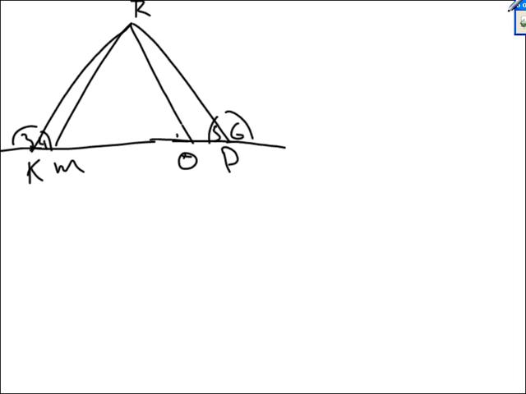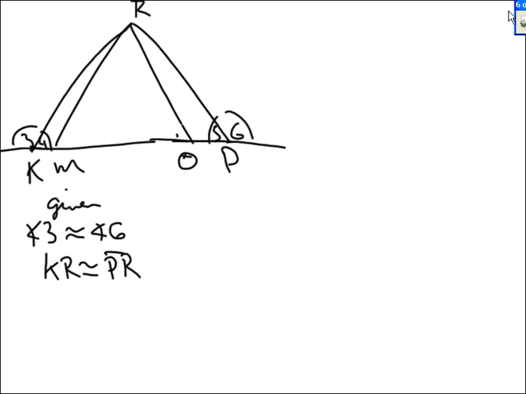Okay. And we're told that angle 3 is in fact equal to angle 6. And we are told that KR and PR, they're congruent.